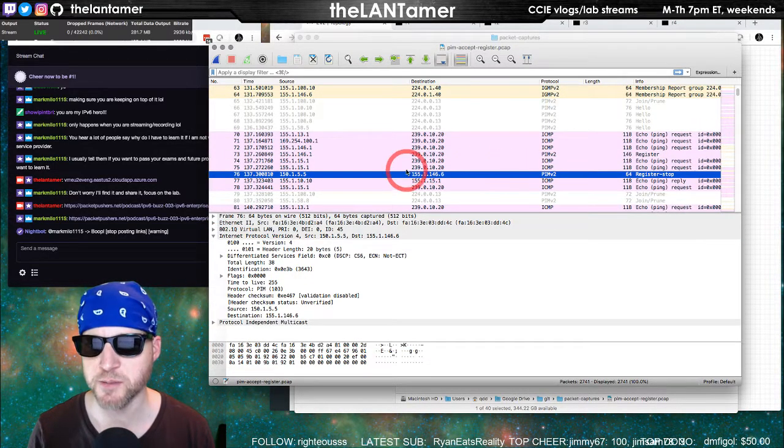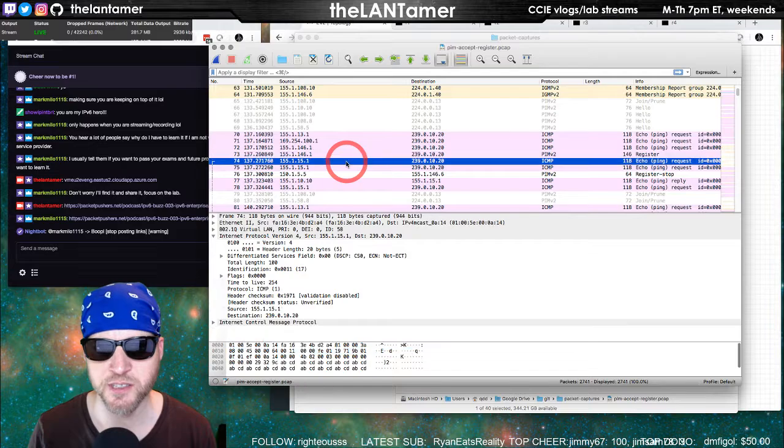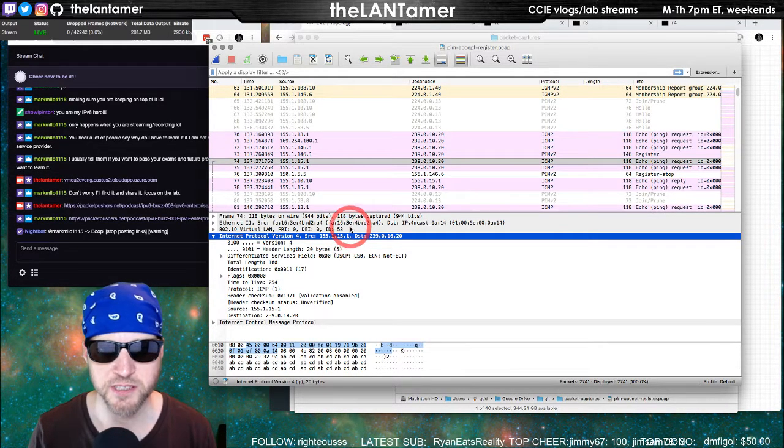Then we got a register stop saying, hey, you sent that first packet over here. Notice the next packet is not encapsulated. Look at the source and destination on this.